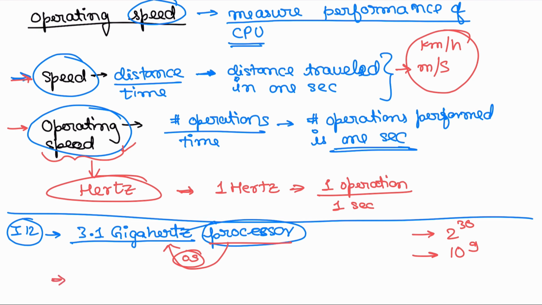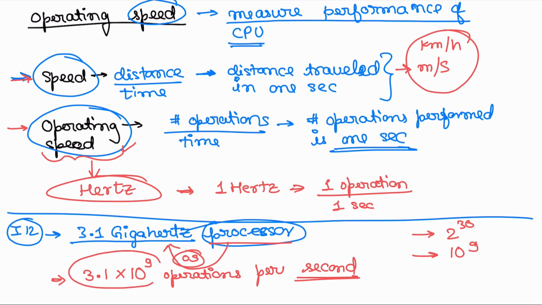This says that iPhone 12 can perform 3.1 into 10 to the power 9 operations per second, and that is a very high number, right?